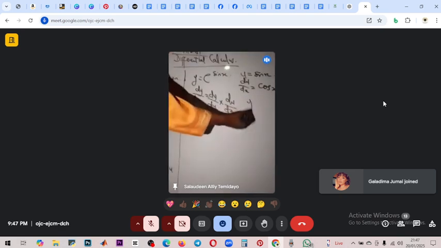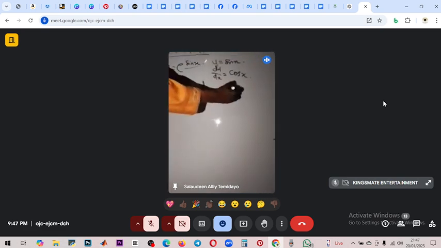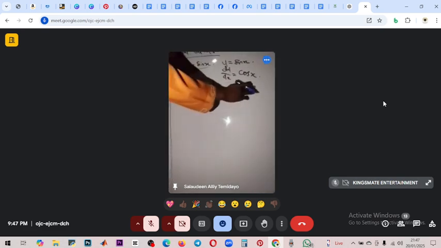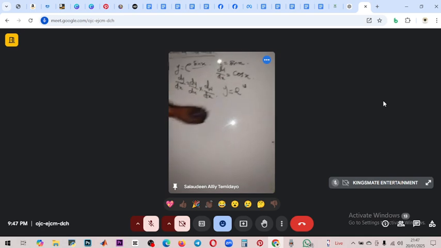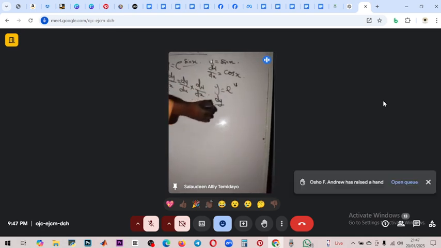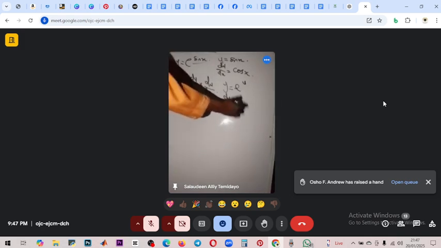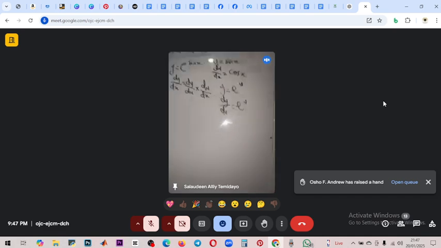And my y now is obviously e raised to the power sine x, which is u. So y is equal to e raised to the power u. Then dy/du is also equal to e raised to the power u. This is the only function that doesn't change. So, what's this, please? What is it?